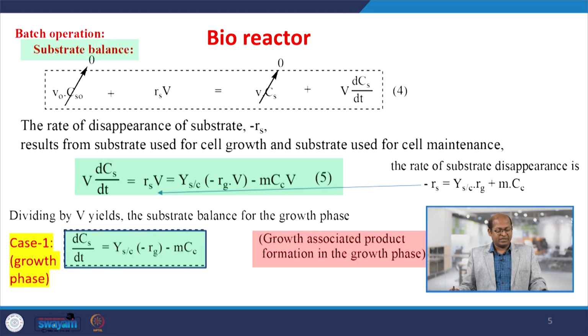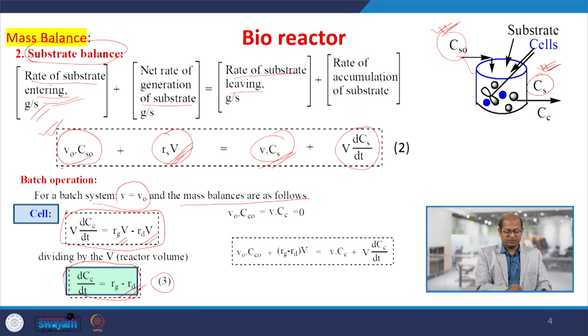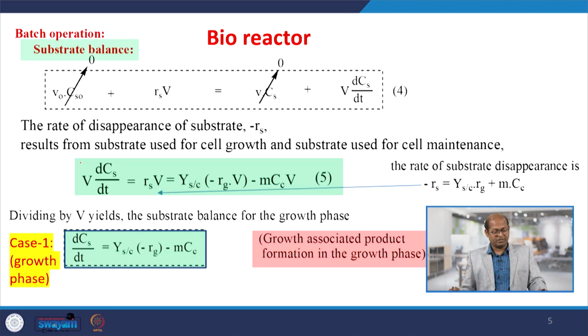Now for the substrate, the equation 2 we developed. Similarly, in case of the substrate, for the batch system, initially the concentration of substrate is what we have charged inside the reactor, and finally, since it is a batch system, there is no in or out. So, only the rate of generation or disappearance of the substrate, and similarly the substrate accumulation, we can consider.